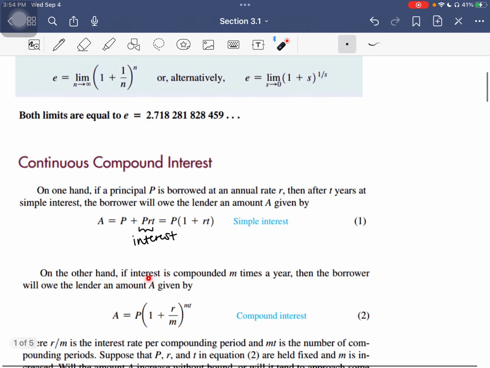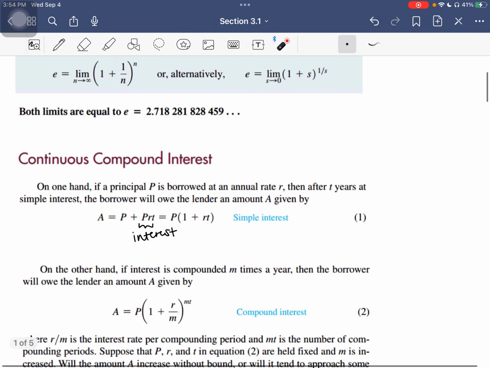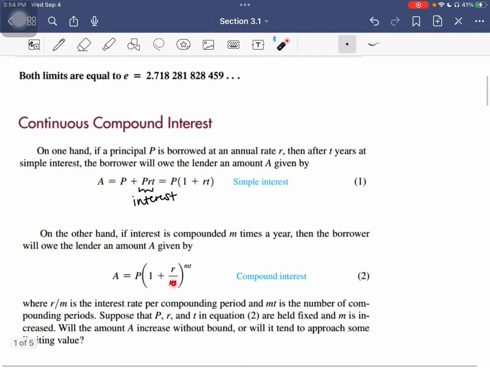However, if interest is compounded a certain amount of times per year, represented by M, then the borrower will owe the lender an amount A given by this here. So this formula is going to be our compound interest, and R over M is going to be the interest rate per compounding period, and then M times T up here is the number of compounding periods.